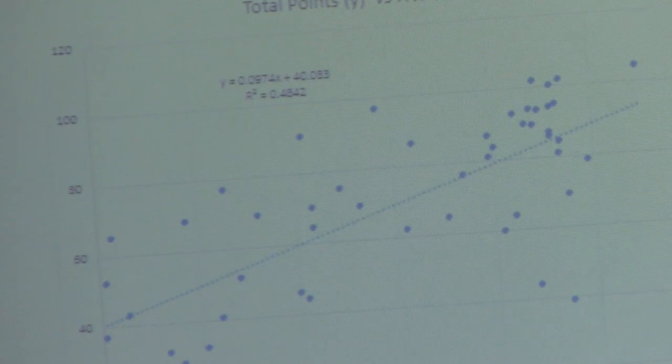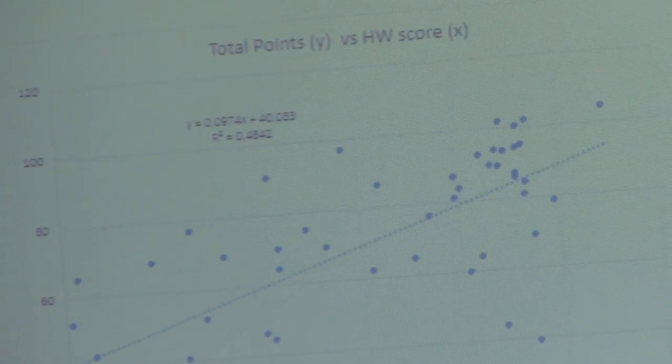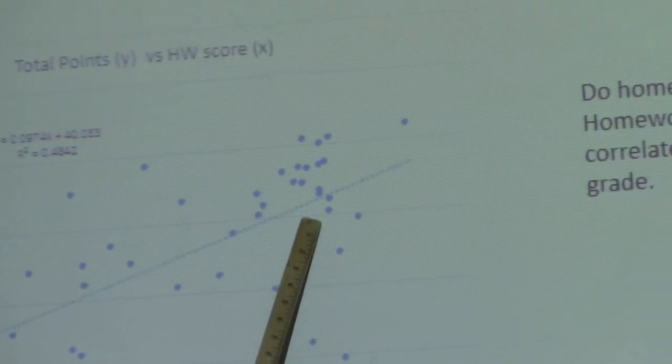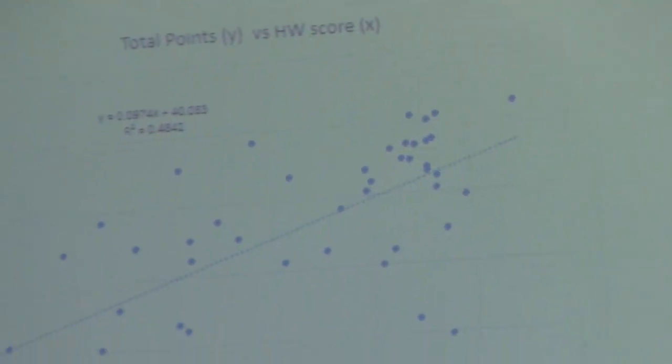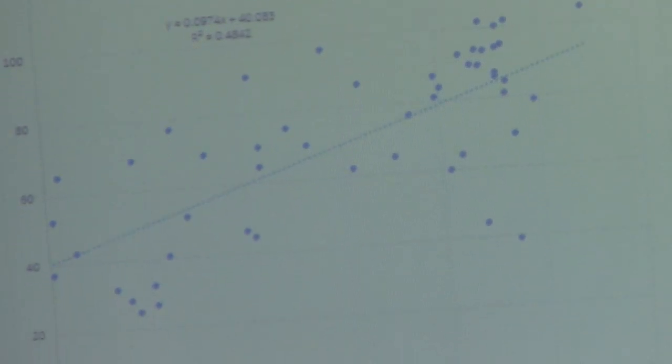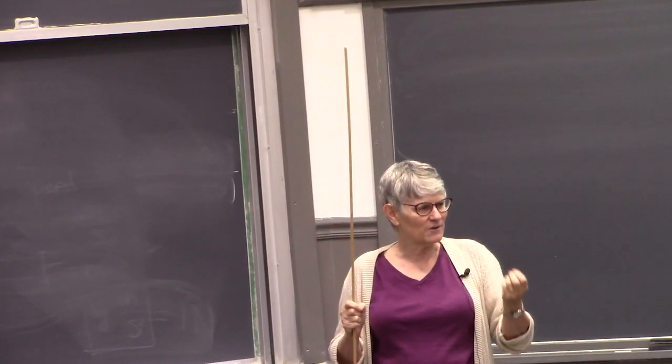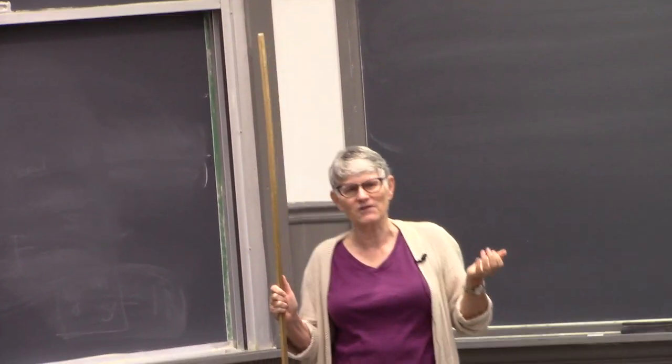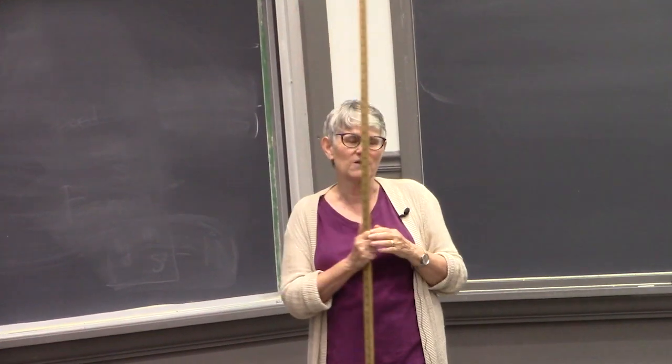Doing homework thoughtfully is important. How did these people who got high scores on homework not do well in the course? Well, there's ways to do homework and there's ways to do homework, right? If you find all the answers online or from your friend, you may get a high homework score, but that doesn't engage you in the kind of thinking you need to do to actually be able to do these things on tests and quizzes.